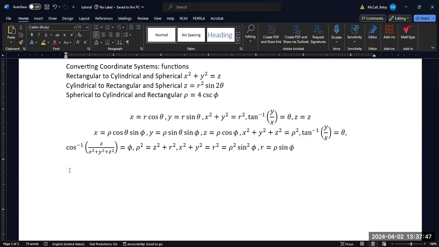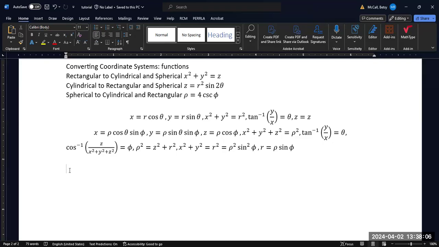And I find that because they give directionality sometimes in textbooks, that actually can create problems. When you're working with points, from, let's say, rectangular to spherical, you'll use one set of identities. But when you're using functions, you'll actually use the other portion of the identities.